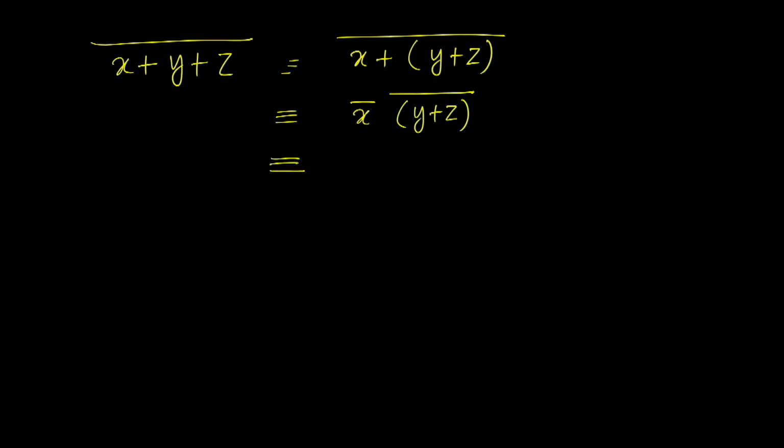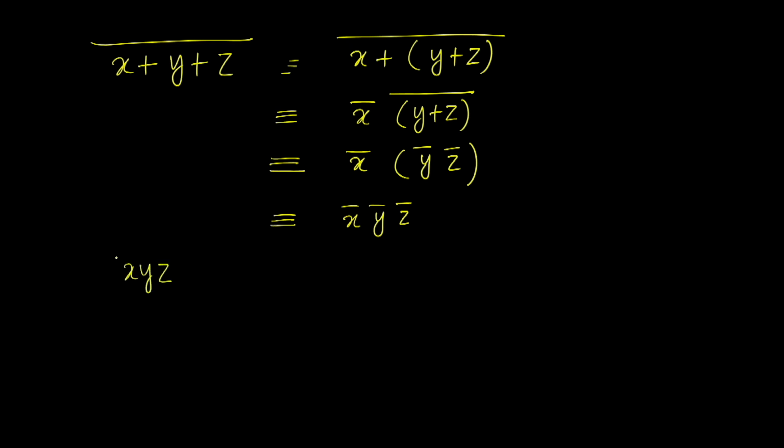But then we know that y plus z the whole bar is y bar z bar by applying De Morgan's law for two variables. But since conjunction is associative, we can write this as x bar y bar z bar. In other words, the complement of x or y or z is the conjunction of x bar, y bar and z bar.